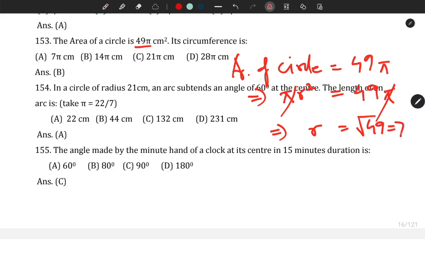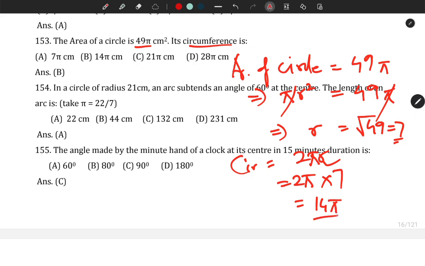Root 49 is 7. Then we have to find its circumference. So circumference is 2 pi r, so 2 pi, let's leave pi as it is, and r we got 7, so 2 into 7 is 14 pi centimeters. So this is the circumference, 14 pi centimeters.